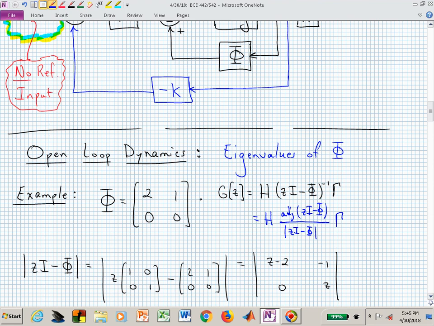The key to finding the poles, the natural behavior without controlling the system, the open loop dynamics, are contained in the denominator of G(z), and that's actually equal to the determinant of zI minus phi. That influences the open loop dynamics of our system.